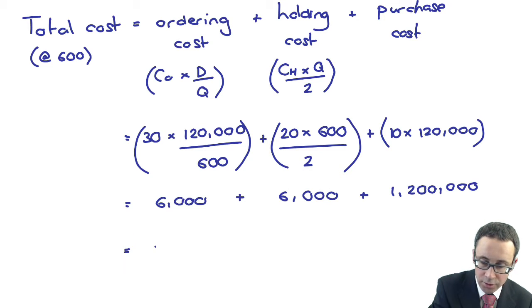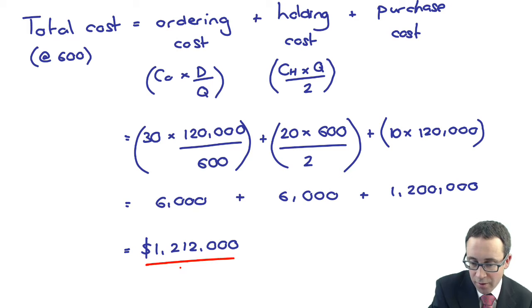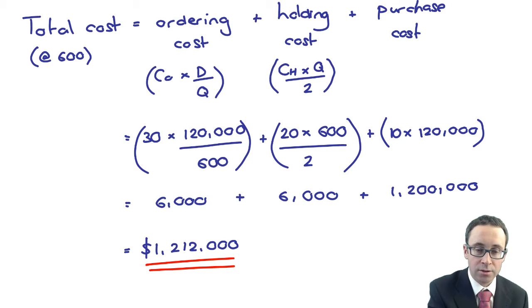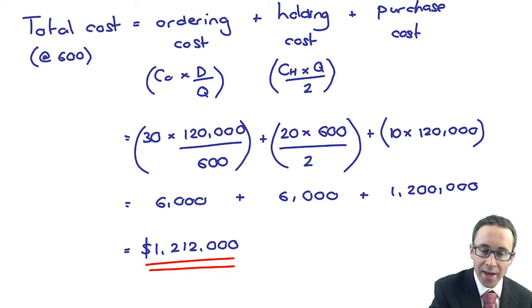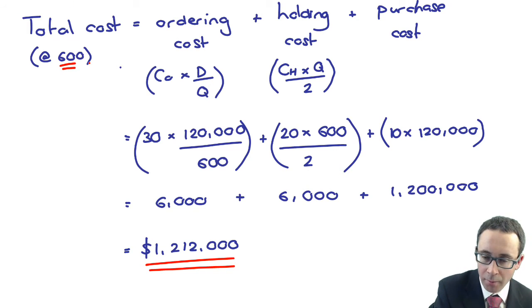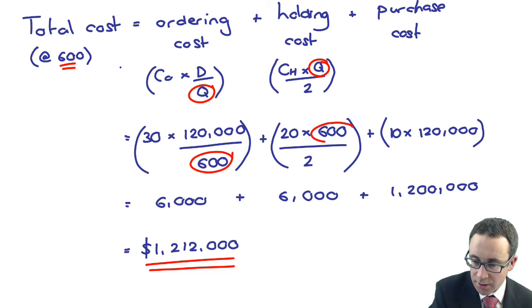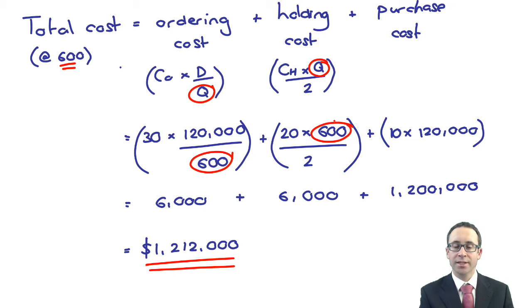So your total cost is $1,212,000 per annum. Okay. Hopefully you'd be able to do that yourself. Remember, that is based upon your economic order quantity, which was 600, wasn't it?